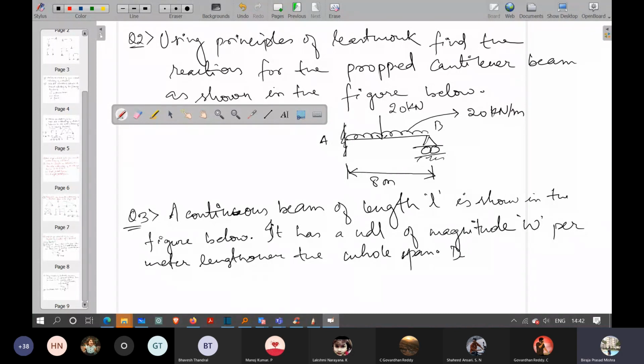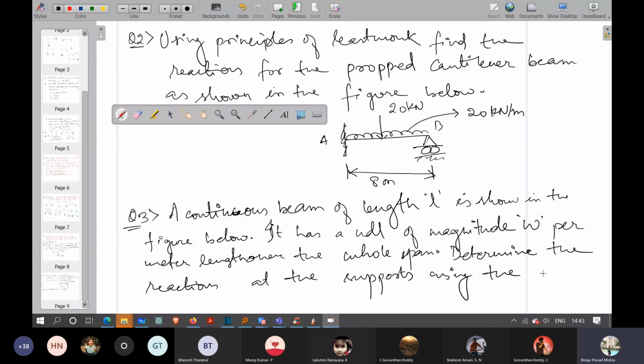Determine the reactions at the supports using the principles of least work.